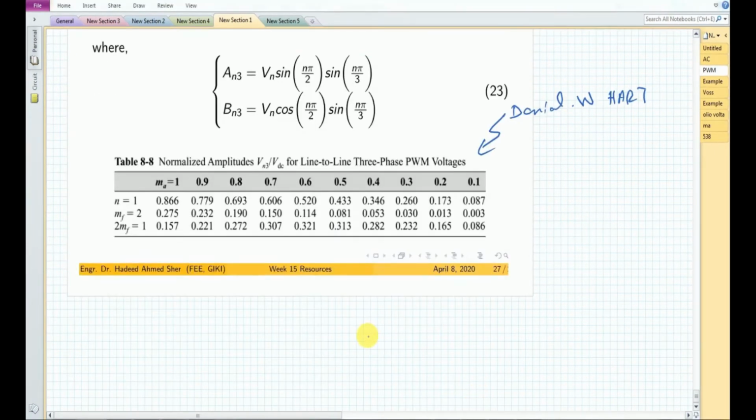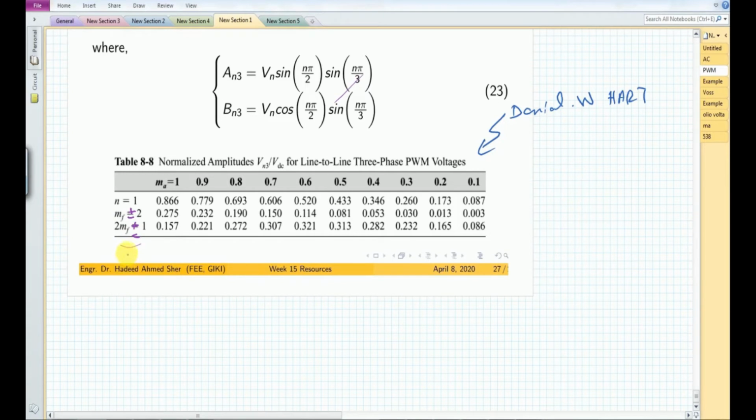Before we move on to the simulation part, there is just a small mistake. This is m_f. This is m_f plus minus 2. This one is not equal to 2, it is plus minus 2. Similarly, this is 2 m_f plus minus 1. Now this table is a very brief table that explains only till the frequency 2 m_f plus minus 1.